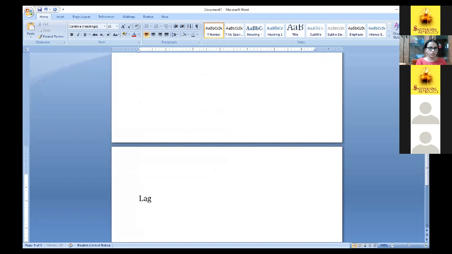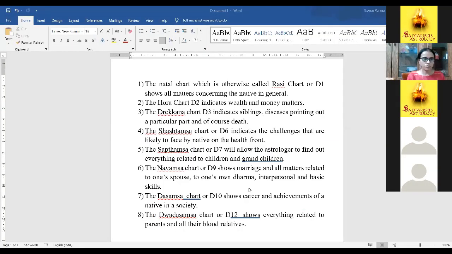I don't have a chart, but I have the description of D1, D2, D3, D6. That's what I want to share. If you want to explain this, explain it in 10, 15 minutes.